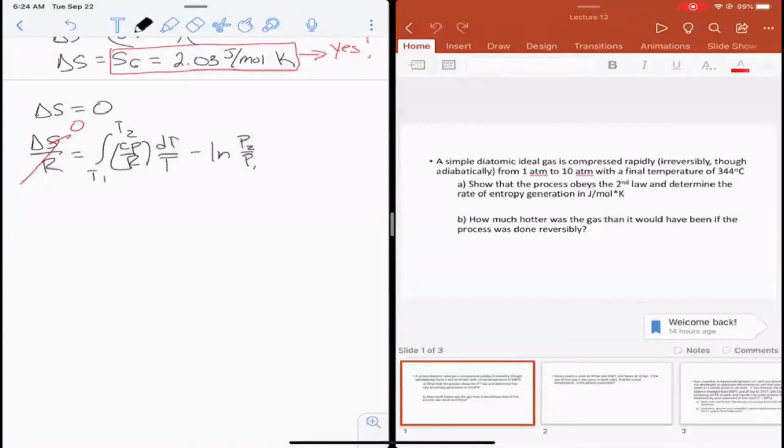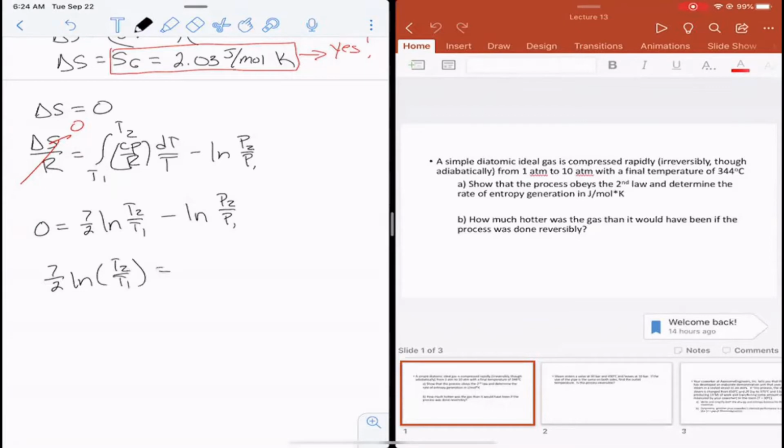Remember, the result was 7/2 times the natural log of T2 over T1 minus the natural log of P2 over P1. If I rearrange this a little bit, you get that 7/2 times the natural log of T2 over T1 equals the natural log of P2 divided by P1.